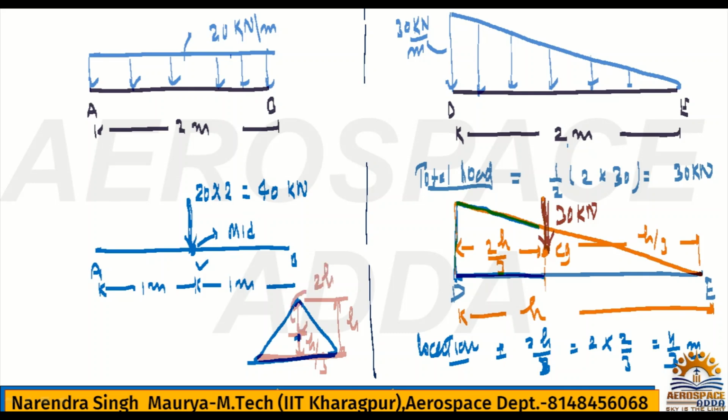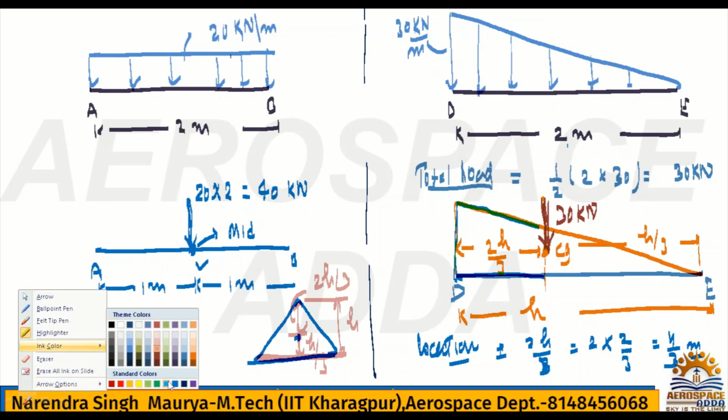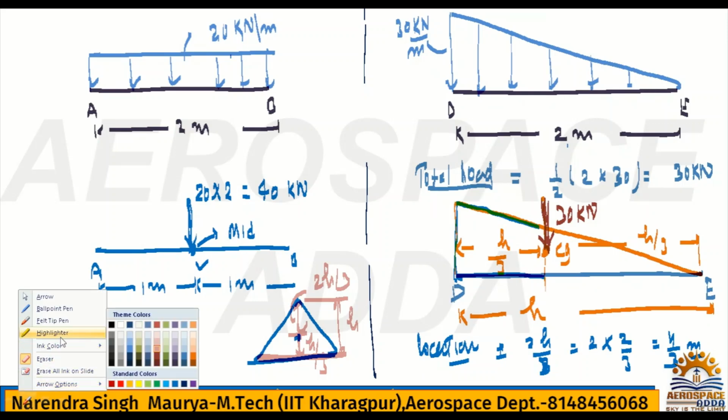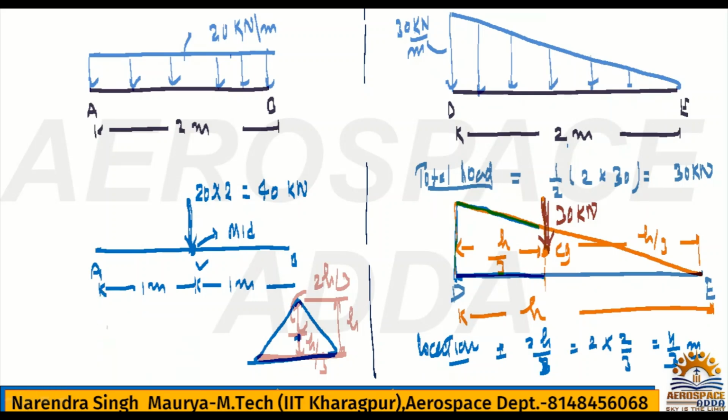I made a mistake, just opposite, I have a horizontal triangle, so I got confused. Please correct this. Here just a small correction we have. This side it is h by 3, and this side it will be 2h by 3.